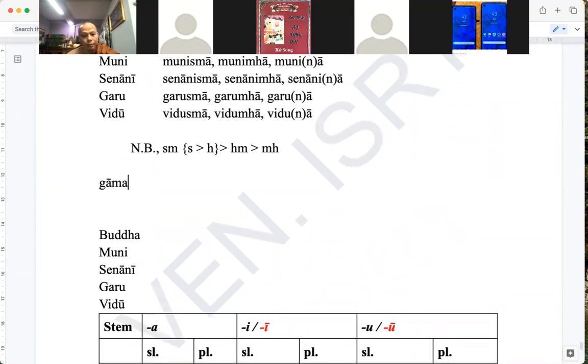Gama means a village. Gamasama is also okay, but gamato means from a village. The same way, nagara. Nagara means a town. So nagarato.